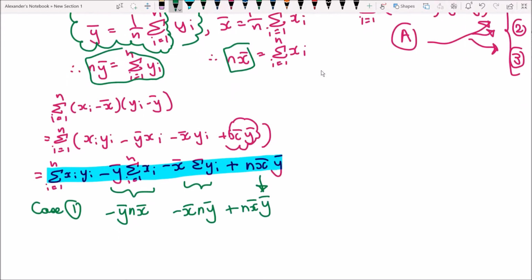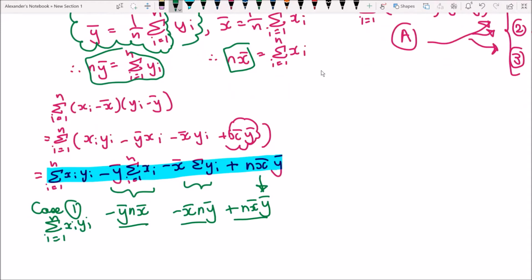And on the left over here, we have the summation from i equals 1 to n of xi yi. What do we see? These all have the same terms in there. So we have two negatives and one positive, which leaves us with one negative.